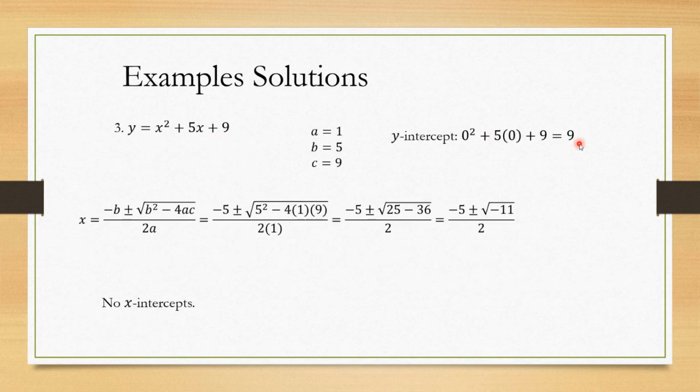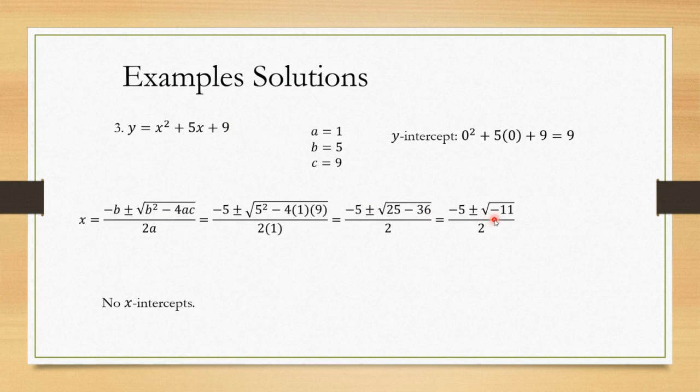So the y-intercept, of course, should be easy to see. Even on the previous slide, I hope you were able to see it. It's always the constant term, and this just confirms it. But you can see from here that if we use the quadratic formula, we get the square root of negative 11.